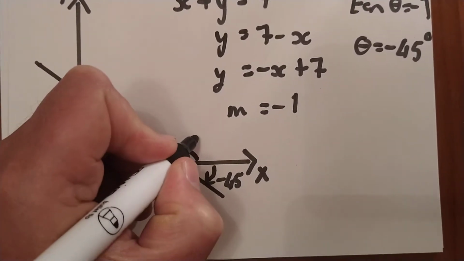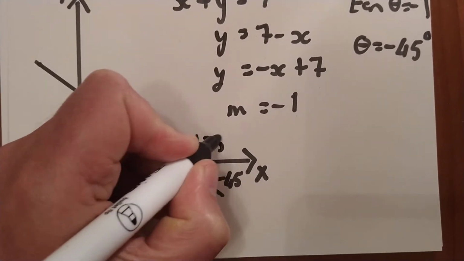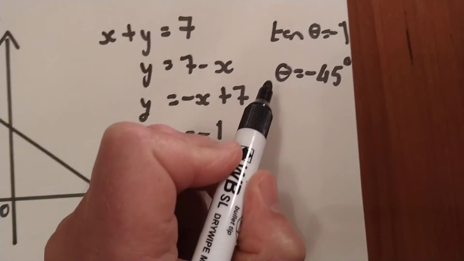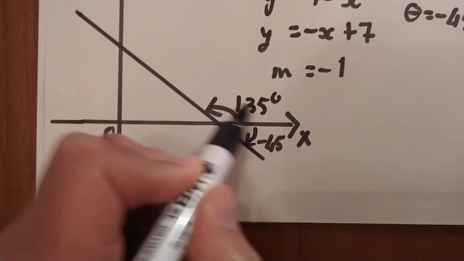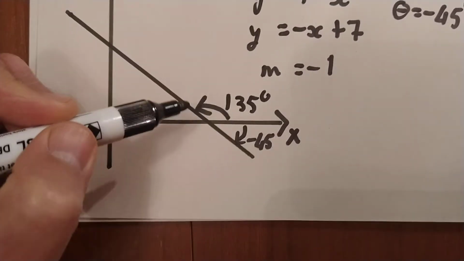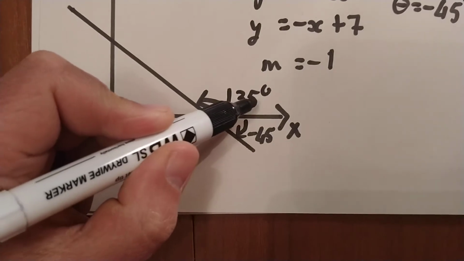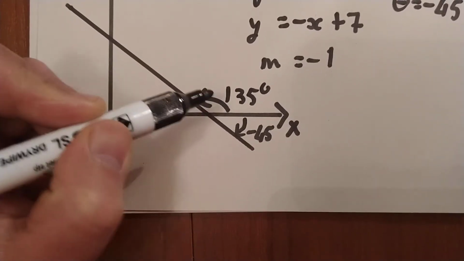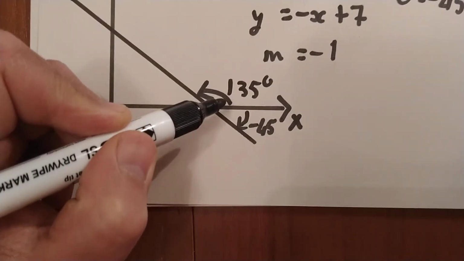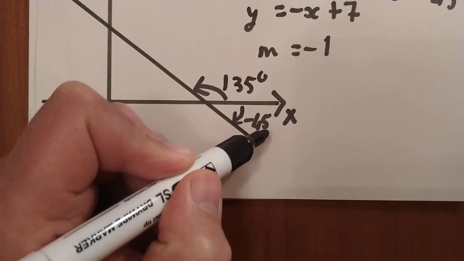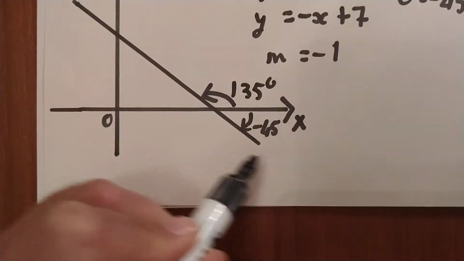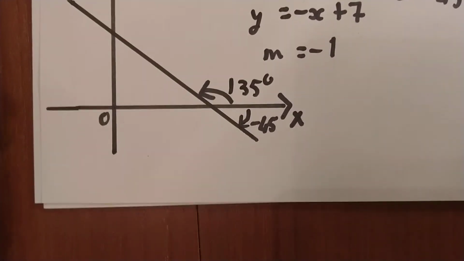So if they ask for the anti-clockwise angle, we say theta is negative 45, the anti-clockwise angle is 135 degrees. And if you plug tan 135 degrees into your calculator, it will tell you negative 1. Likewise, if you plug tan negative 45 degrees into your calculator, it will tell you negative 1, because in both cases we're talking about the gradient of the same line.